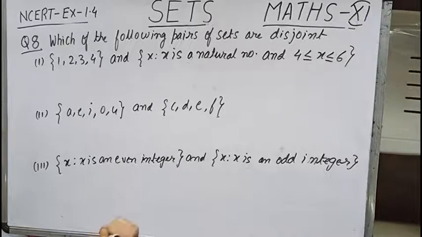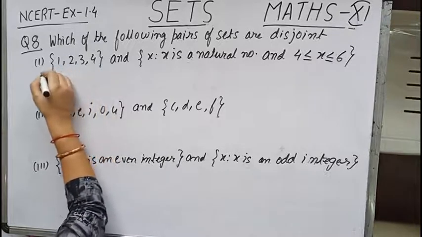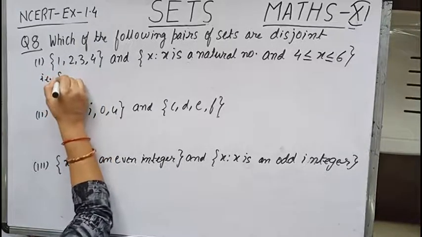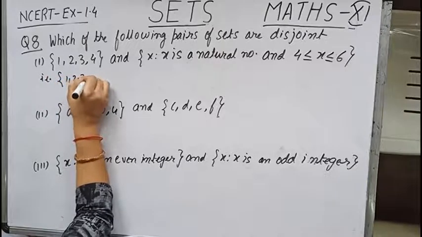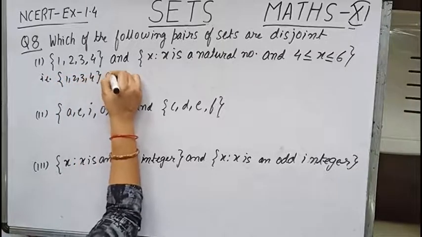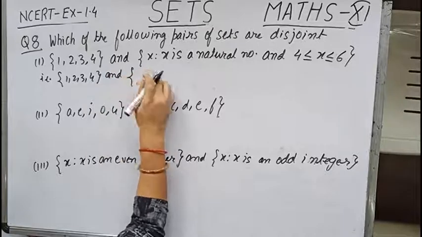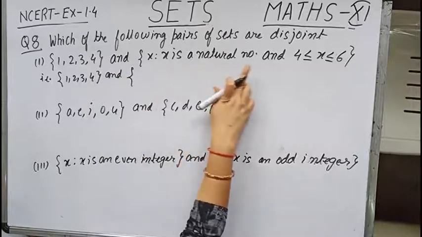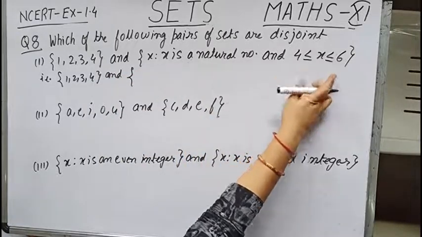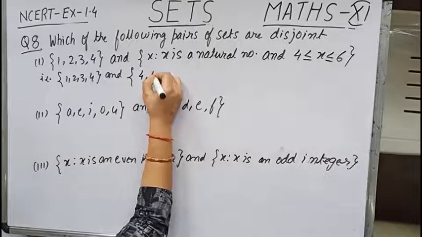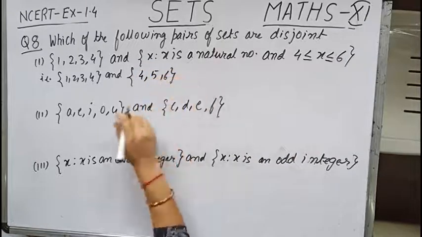So over here, the set containing 1, 2, 3, 4, and the set where 4 is less than or equal to x, which is less than or equal to 6, so 4, 5 and 6.